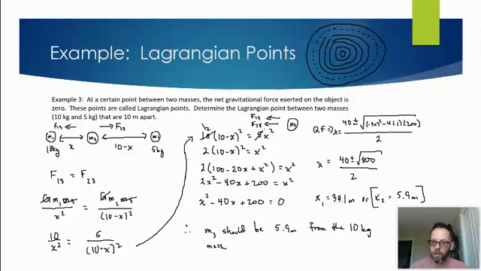So the object would actually accelerate to the left. That answer does have meaning, but in that case the net force would be to the left and it would move. In between, the net force would be 0 because these are equal and opposite. But here, they're equal and in the same direction.